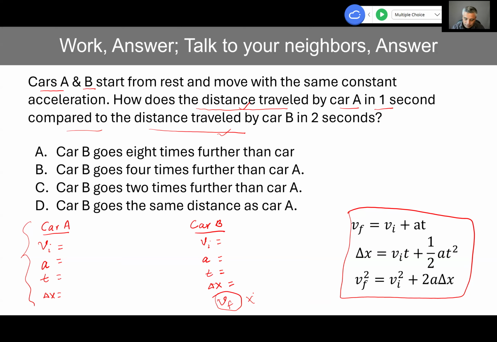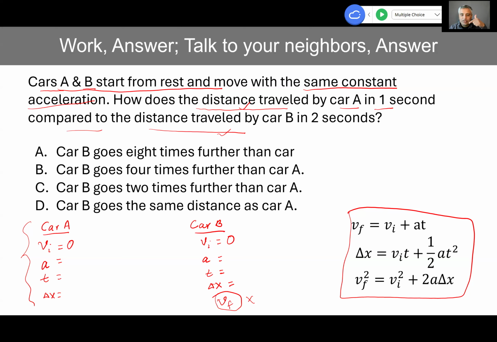So in this case, initial velocity. Both of them start from rest, which means it's going to be 0, 0 for both, okay? And then it says, okay, same constant acceleration. So in this case, it does not give you the value of acceleration, but it tells you the acceleration is the same for both of them, okay?